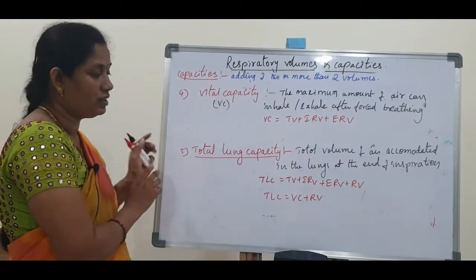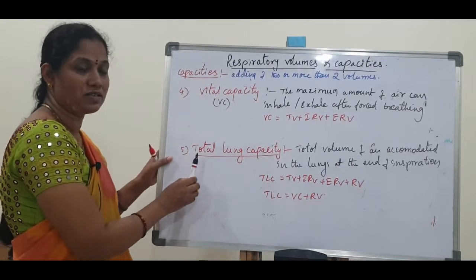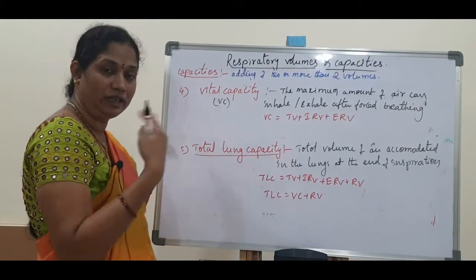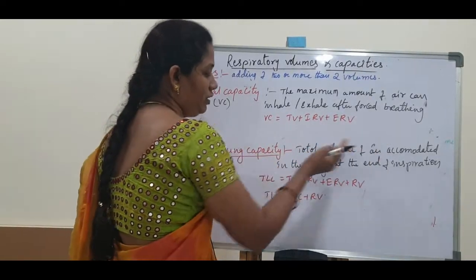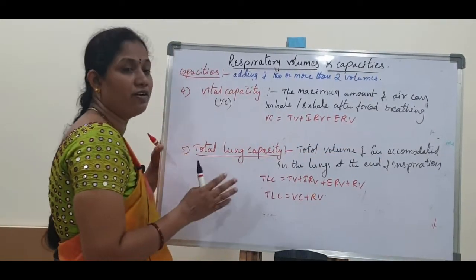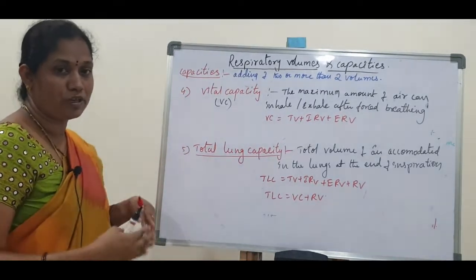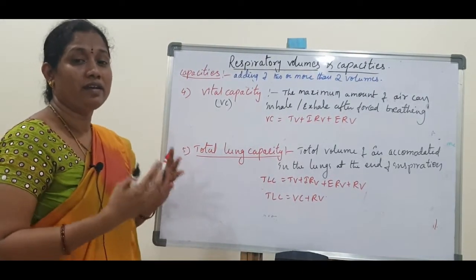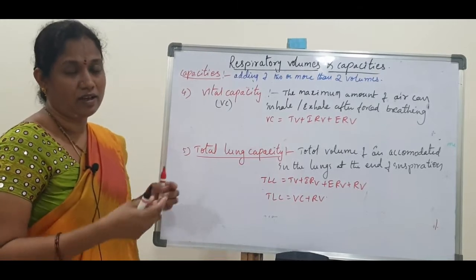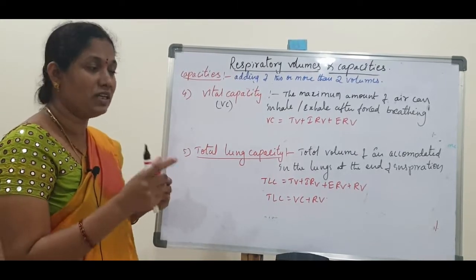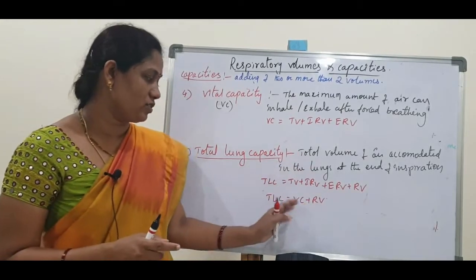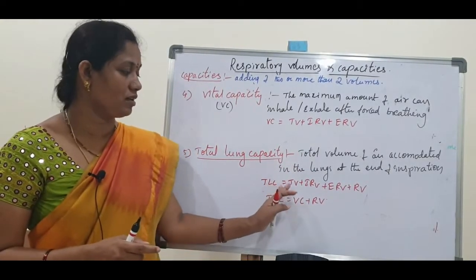Next, total lung capacity. Total lung capacity means the total volume of air accommodated in the lungs at the end of inspiration. During inspiration, how much air can we hold in our lungs? That is called TLC, total lung capacity.